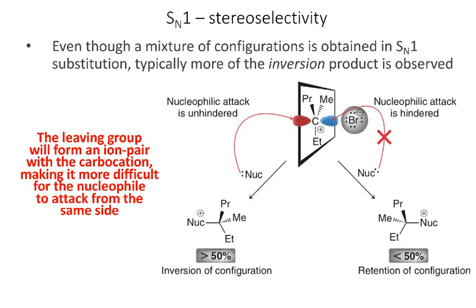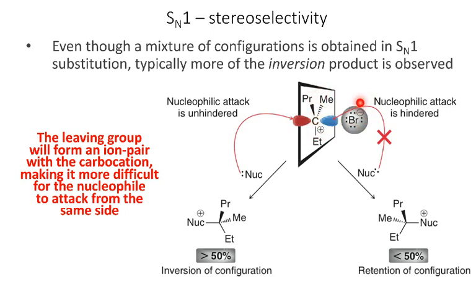Now, even though we do get a mixture of configurations in SN1 substitution, it turns out the inversion product is typically observed more than the one that retains the same configuration. The typical explanation for that is that after I've lost the leaving group, oftentimes the carbocation, which is positively charged, and that leaving group, which is negatively charged, form an ion pair.